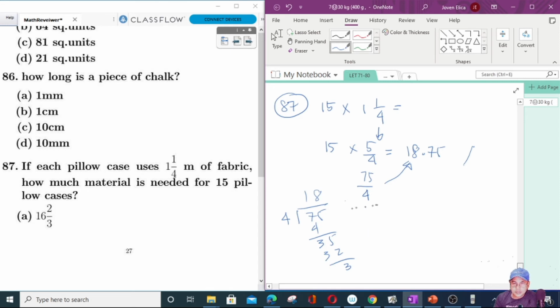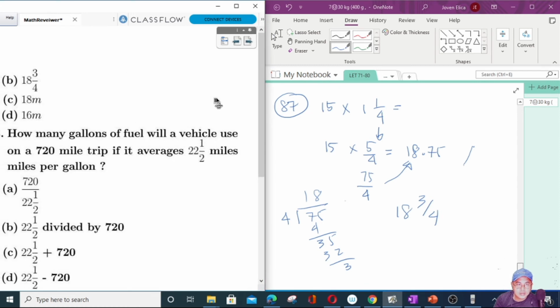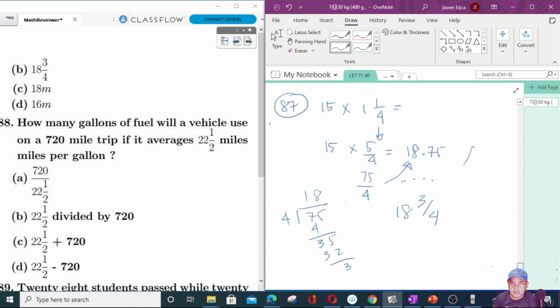We can also express the answer as 18 3/4. So the answer is letter B. In terms of mixed fraction, letter B is the answer.